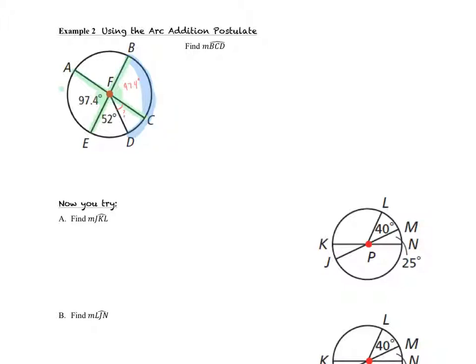But what I can do is this total, let me highlight in a different color here, I'll use yellow. We've got this line segment BE, that is a diameter. So I know that the measure of arc BCD plus the measure of arc ED is going to equal 180 degrees.